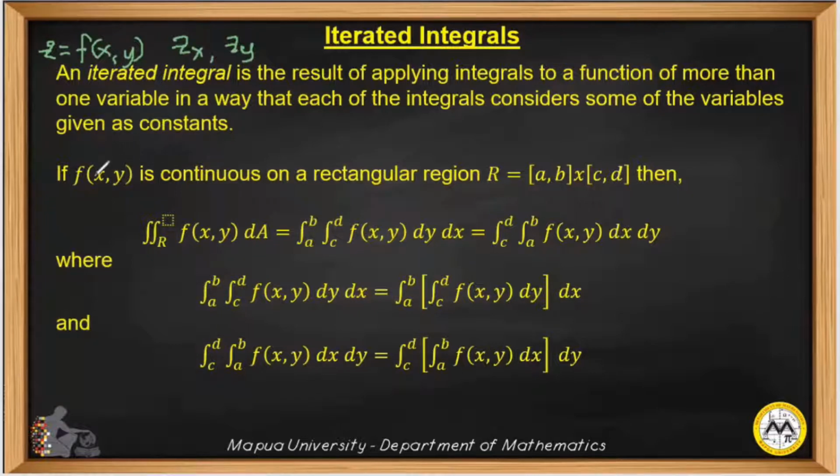So if we have f, which is a function of x and y, and it is continuous within a rectangular region, where x is within the closed interval from a to b and y is within the closed interval from c to d. By the way, the region R here means that x goes from a to b and y goes from c to d.